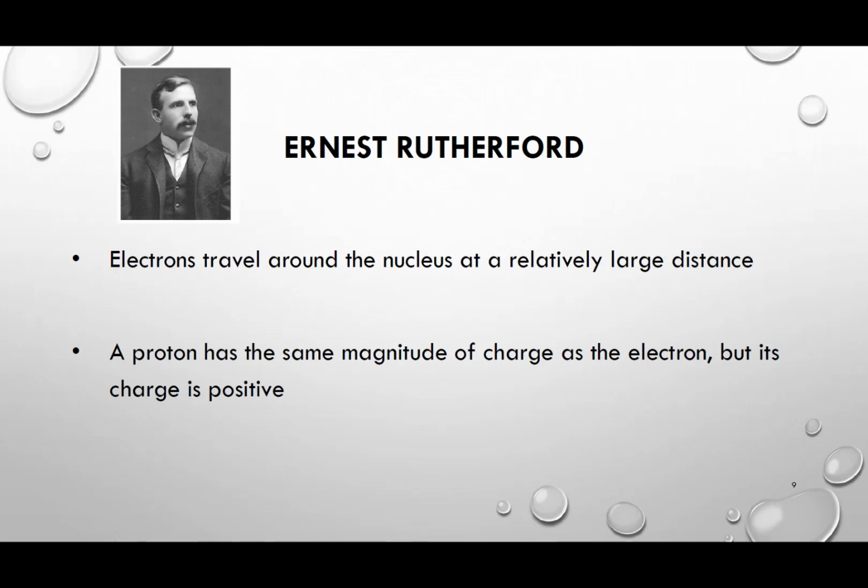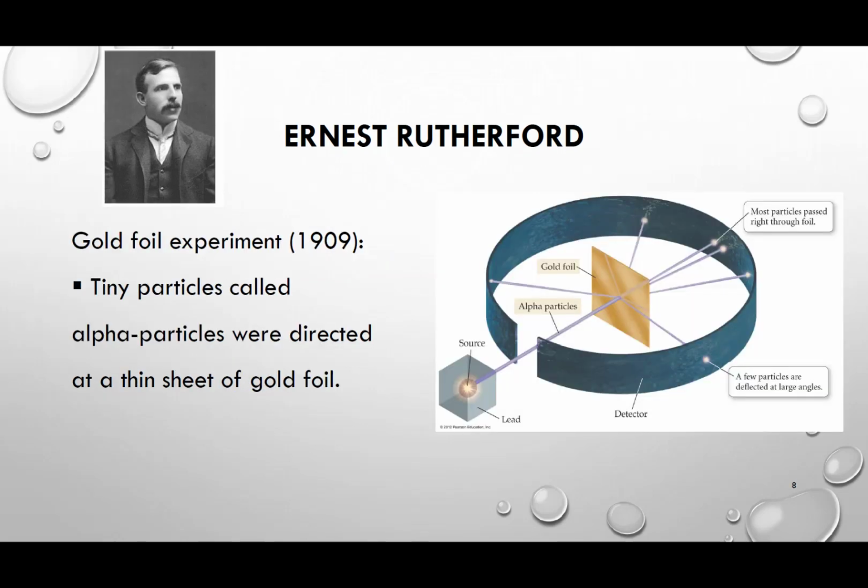He also suggested that electrons travel around the nucleus at a relatively large distance, and protons are at the center of the atom, and they are positively charged species. Going back to the gold foil experiment, think about it: positive charges repel each other, whereas positive and negative attract.